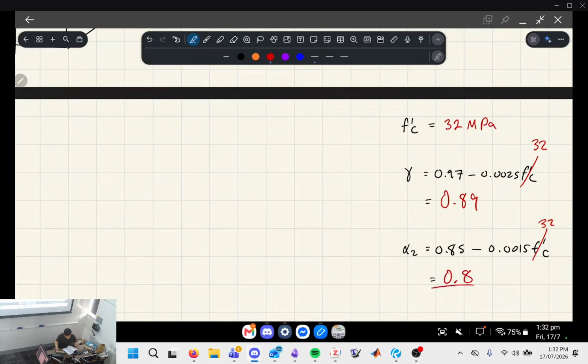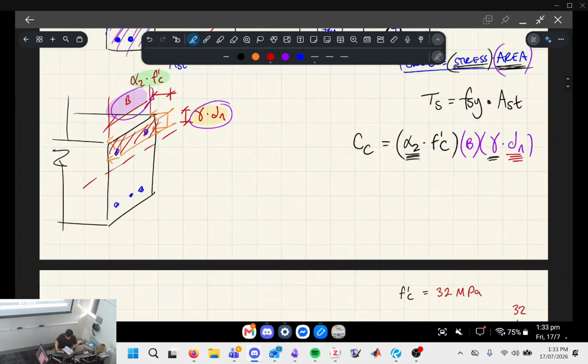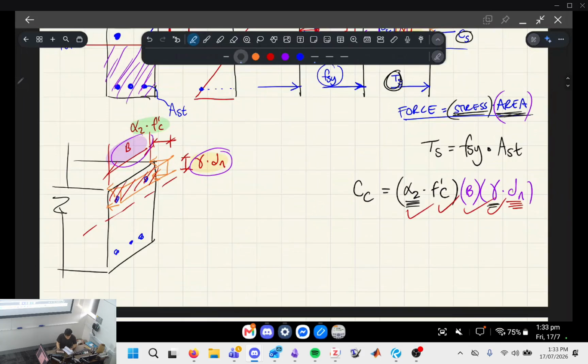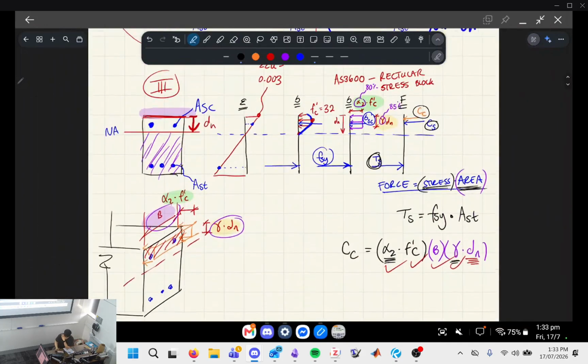When I say 0.8, that just means 80%, and this one means 89%. So these are known basically. You're given this, you can compute these, and you're given the width of the concrete rectangle. The only one that's unknown is dn.